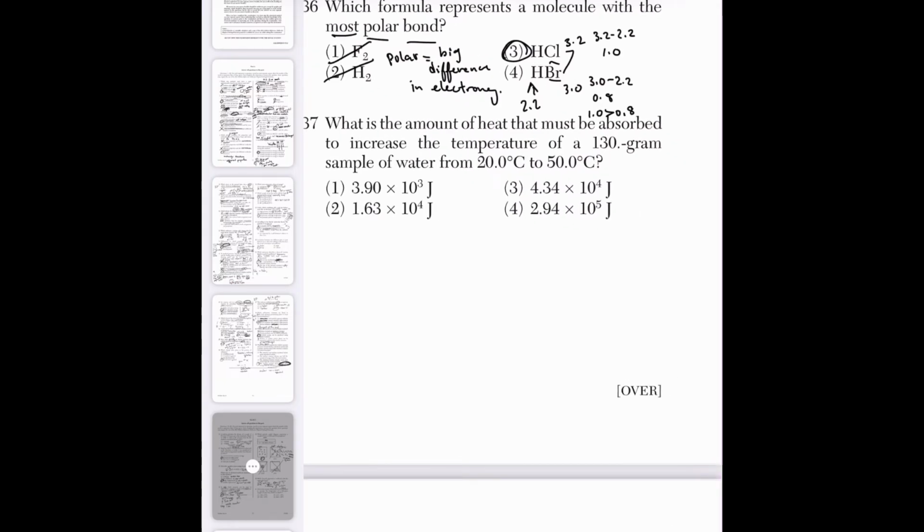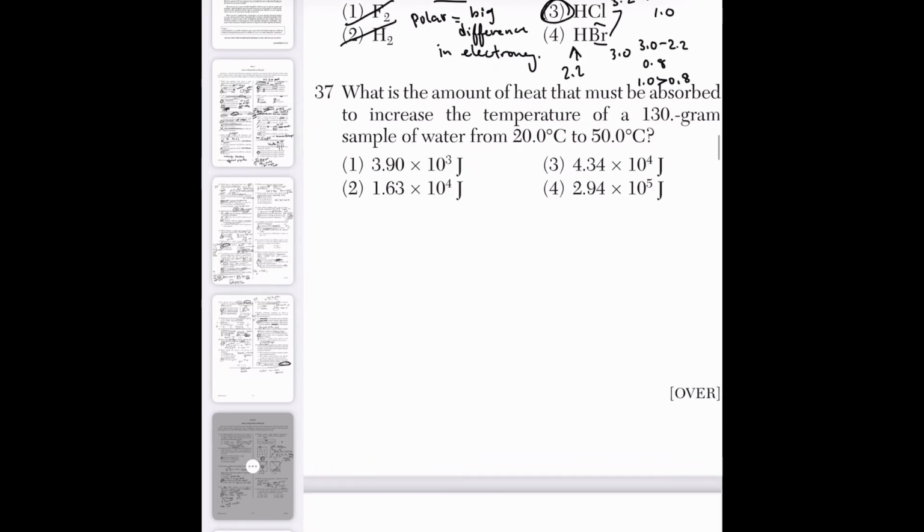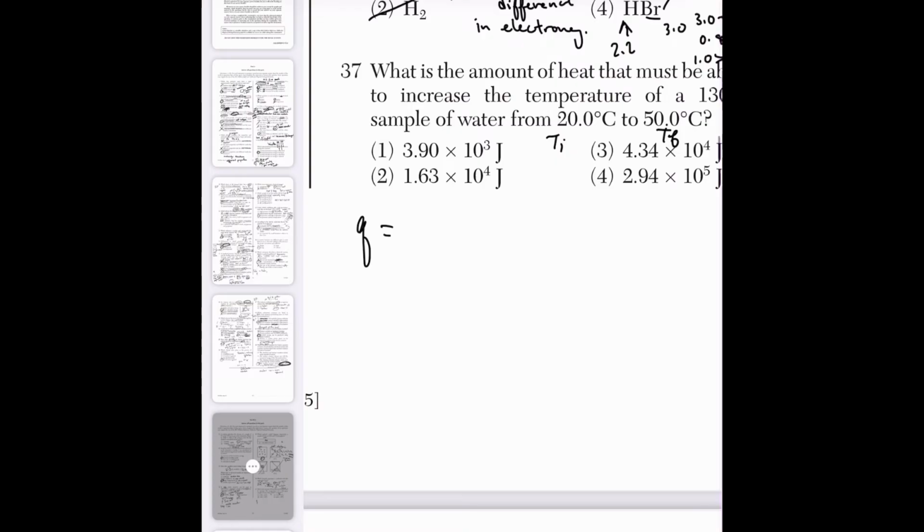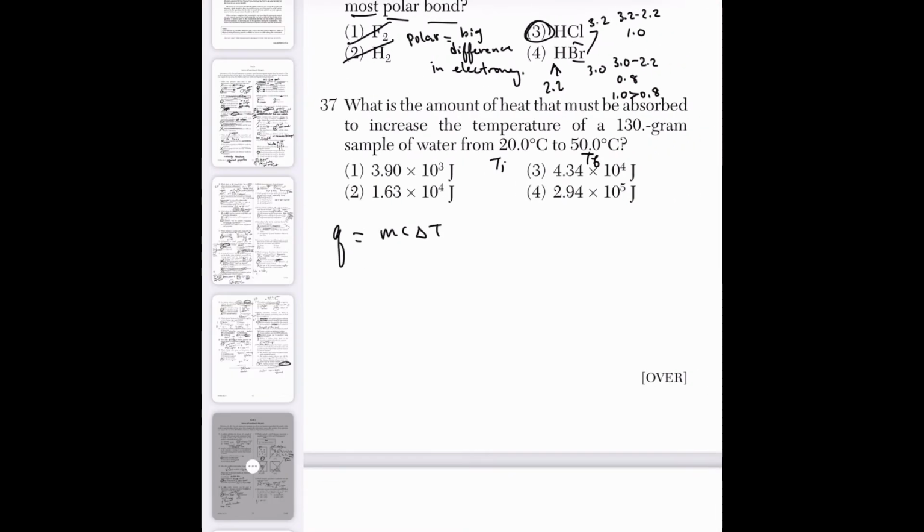What is the amount of heat that must be absorbed to increase the temperature of a 130-gram sample of water from 20 to 50? So this is Ti, Tf. This is Q equals mc delta T, where Q is the amount of heat, which is what the question is asking. Mass of the water is 130 grams. C is the specific heat, 4.18.